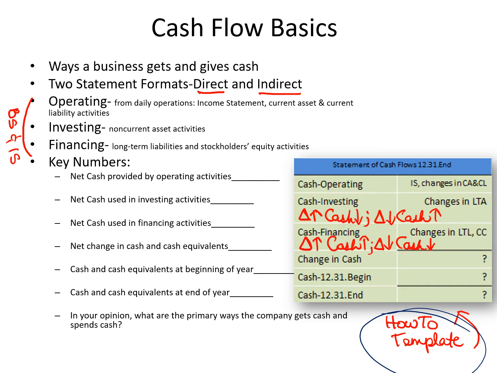So what we're going to do is analyze our balance sheet and income statement accounts and identify whether they're operating, investing, or financing activities, and then find those numbers and figure out how does the company really get cash and how does it spend cash. So let's get started.